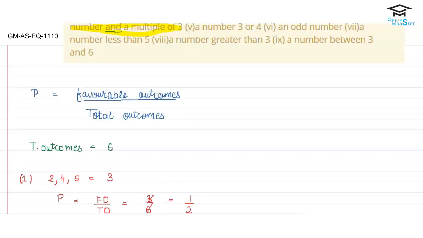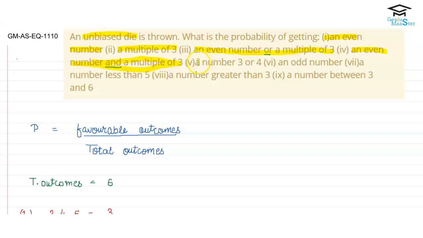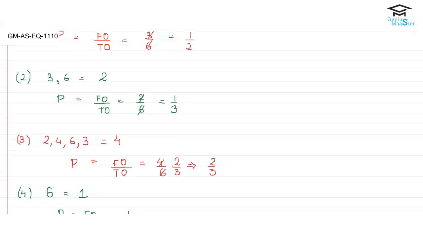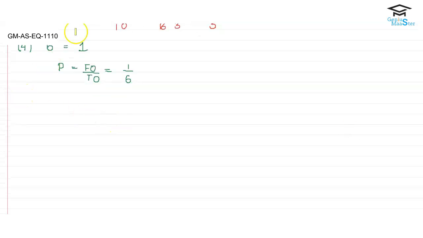Let's move to the fifth part, which says a number 3 or 4. So the favorable outcome in this case is just 3 or the number 4. So there are 2 favorable outcomes. So probability would be equal to 2 by 6, and when we cancel it, we get 1 by 3.